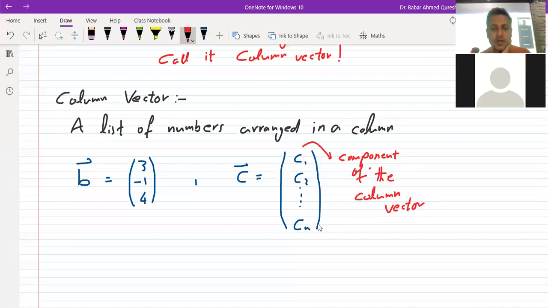And how many numbers you have, like over here you have n, is called the dimensionality or dimension of the vector. So this is a 3-dimensional vector and this is an n-dimensional vector.